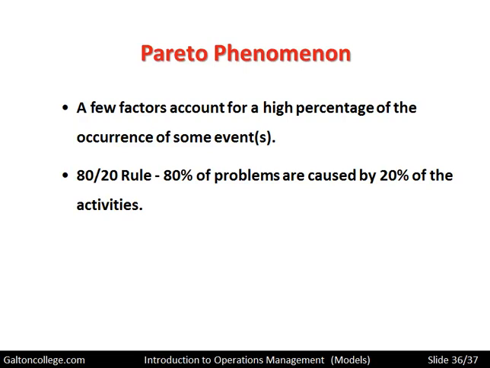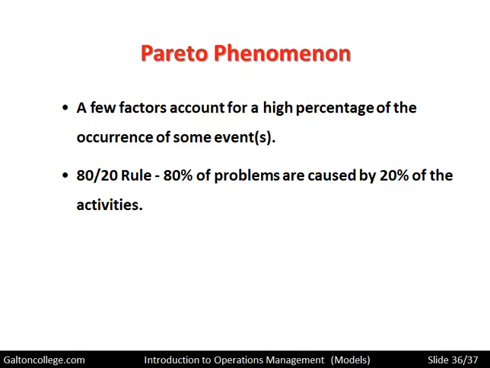So that a small number of perhaps machines or a small number of workers working in a particular area, if they encounter problems, it will lead to major problems later in the production system. So a small number, 20% in Alfredo's terms, cause a large number of problems.